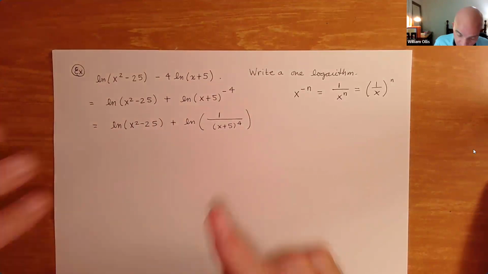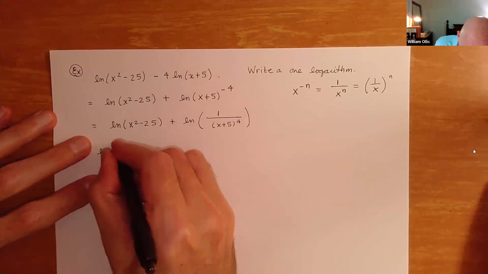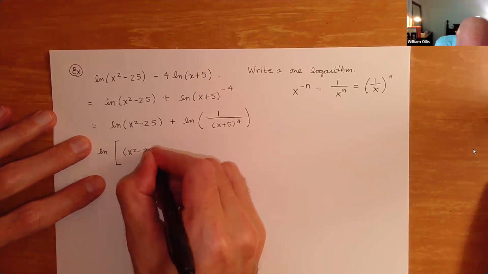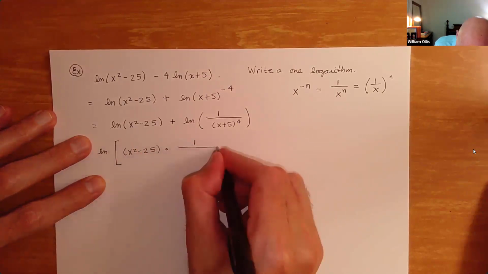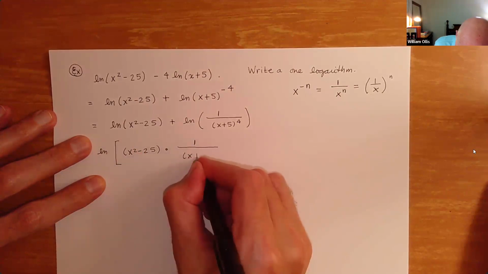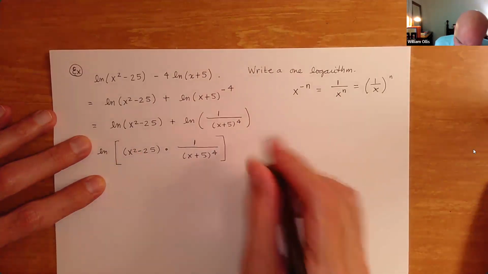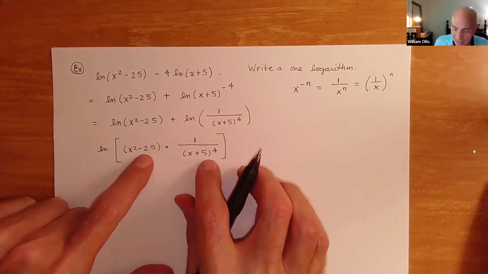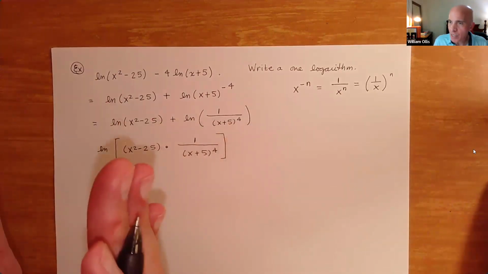That is one logarithm. So now we have x squared minus 25 times 1 divided by x plus 5 to the 4th power. Now, I've written this out in a more extended means so that you can see that we're actually multiplying these. And now we can move the actual product together as one fraction.